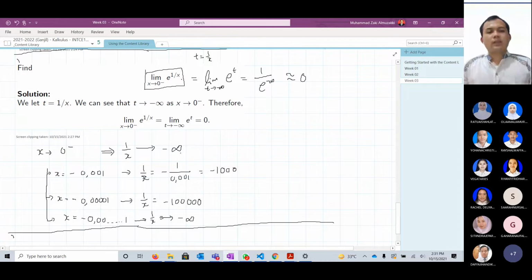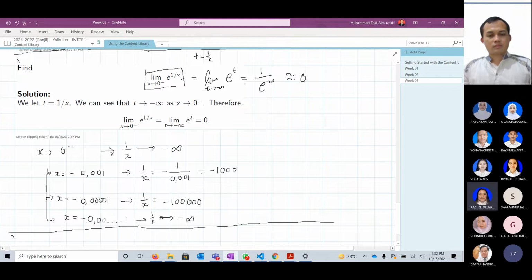Paham, Sir. Oke. Karena itu kita bisa ubah limit x menuju 0 dari kiri dari e pangkat 1 per x itu menjadi limit t menuju negatif tak hingga dari e pangkat t. Sampai sini bisa dipahami? Ya, ada pertanyaan?